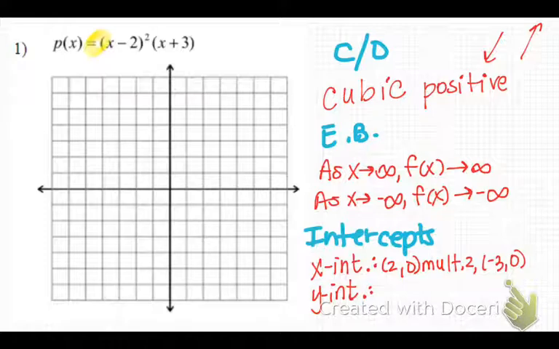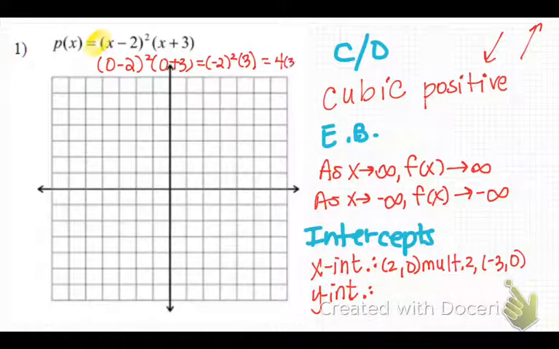How do I get y-intercept again? Make my x's zeros. And I solve. So I have negative 2 squared times 3, which is 4 times 3, which is 12. So I have 0, comma 12.